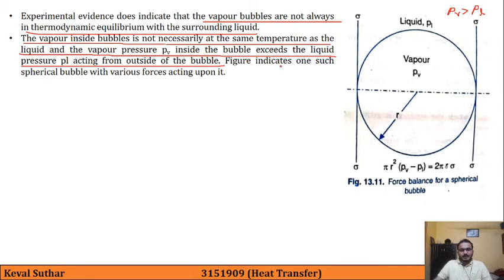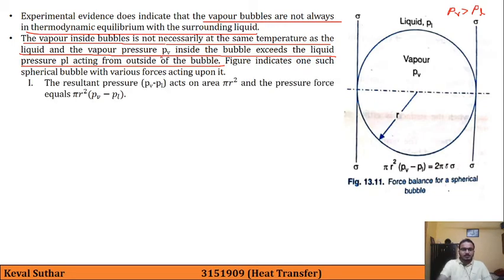The figure indicates one such spherical bubble with the various forces acting upon it. First is the resultant pressure force, that is the difference between these two, as the vapor pressure is higher than the liquid pressure. This pressure difference acts on the area pi r square of the bubble, so the force equals pi r square into PV minus PL.